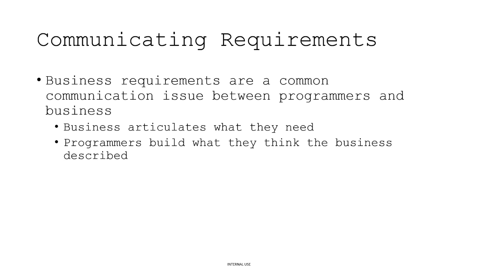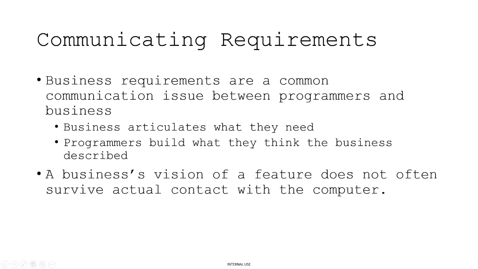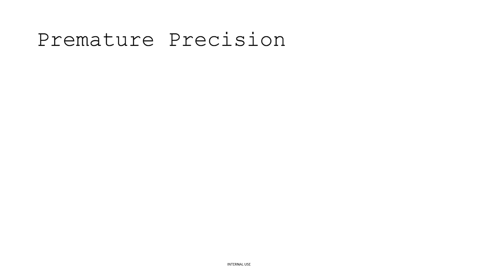Oftentimes the business will tell you what they need, and then programmers build what they described, but sometimes it isn't what was meant, which leads to delayed timelines, etc. So it's important to be able to communicate, hey, this is exactly what we want, and then, hey, this is exactly what we built for you. Then we can all agree that, okay, yes, this is an acceptable piece of work that can then be released.